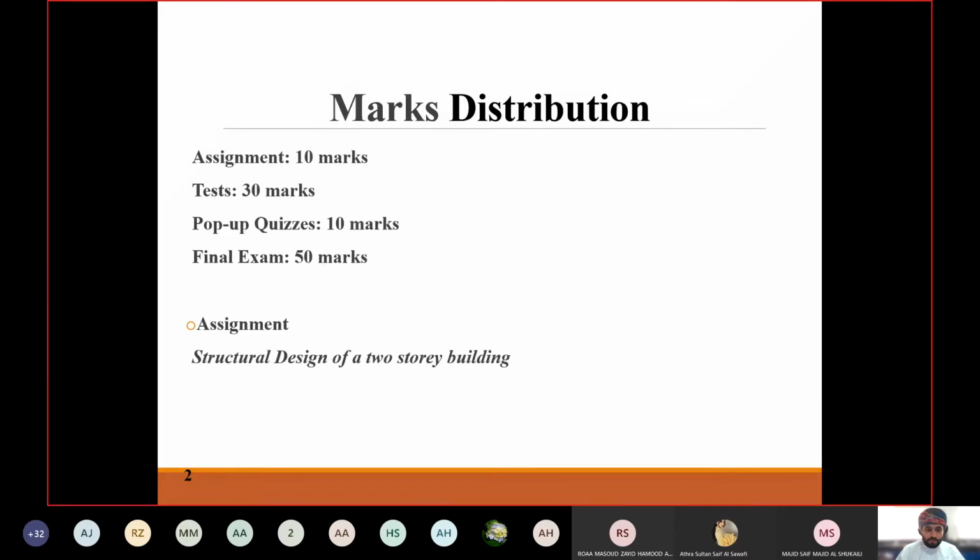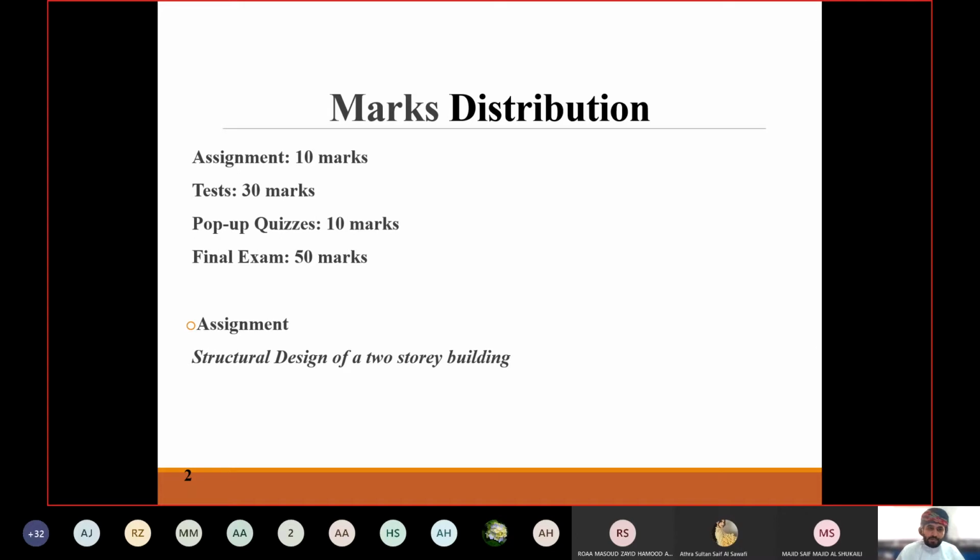So test number 1 and test number 2. Test number 1 is going to be in week number 4, and then the other one is going to be in week number 8. Each one of them is going to be for 15 marks, and most probably each and every test is going to be a multiple choice test.